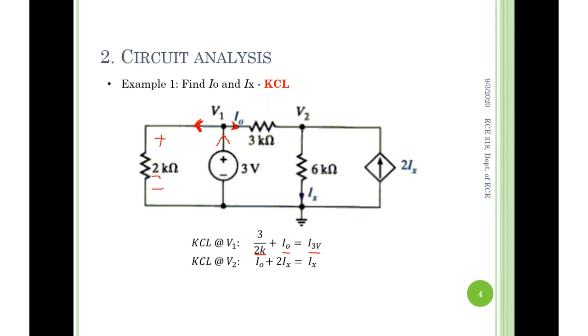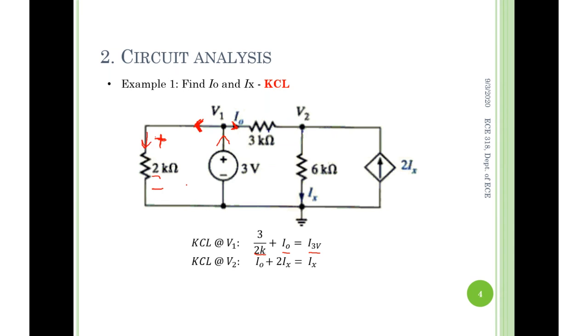And also be careful to follow the particular polarity. Why does it have to be this polarity rather than the other way around? Because the current direction is flowing downward.